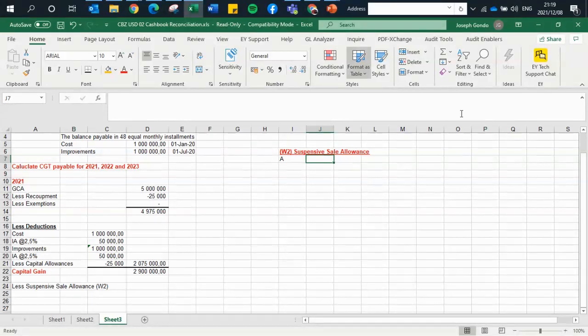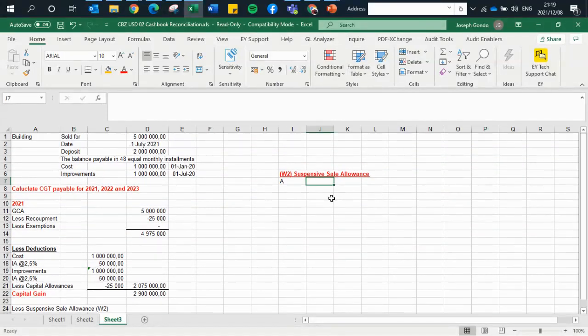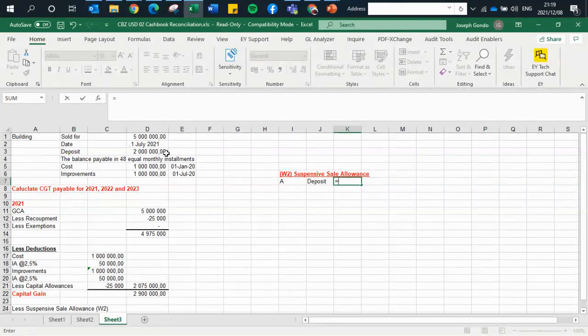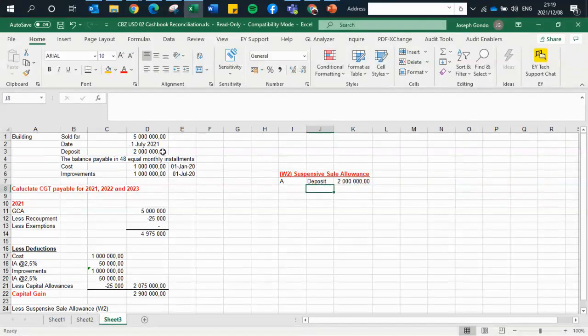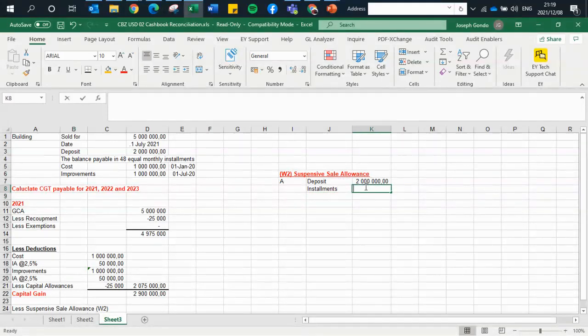How are we going to calculate A? We want to calculate the total amount that was paid in 2021. So it will be the deposit. How much is the deposit? Is it 2 million? Okay. And also the installments. So how do we calculate the installments? Obviously, the total amount was this one, and this guy deposited 2 million. If we divide this by 48 months, because this is going to be paid over a 48 monthly period, and then we multiply it by how many months do we have?